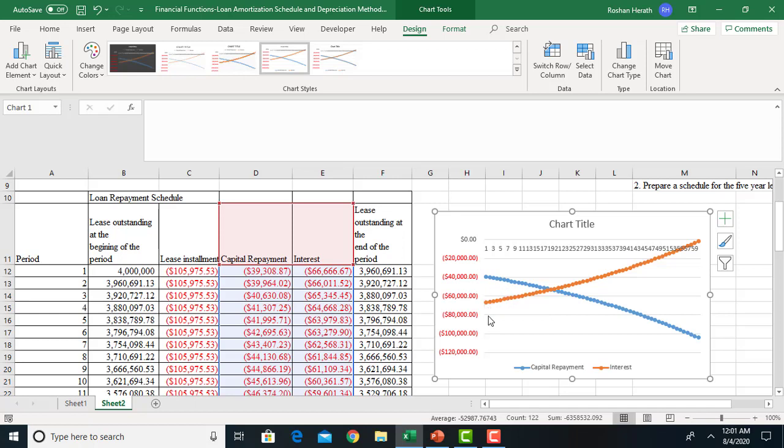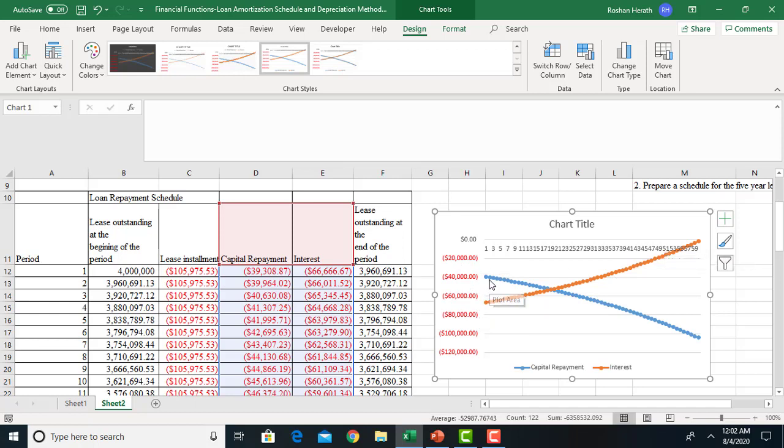It seems to be the other way around, because here the figures are taken as minus figures, so it shows the other way around. It's simply because the minus figures are plotted below, so that is why it shows like that. So the 20,000 is here, and therefore you must read it the other way around.